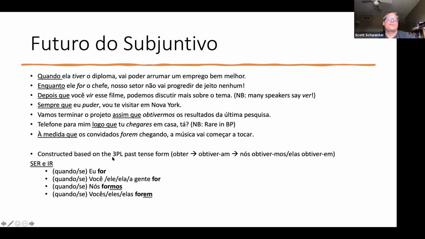So as I said, it's constructed based on the third plural past tense form. So if you have a verb like obter, which is obtener, the third person plural past tense is obtiveram. And so like in this sentence, you take the "am" off and you put the "mos" on. So you get nós obtivermos, which is the first person plural future subjunctive form.